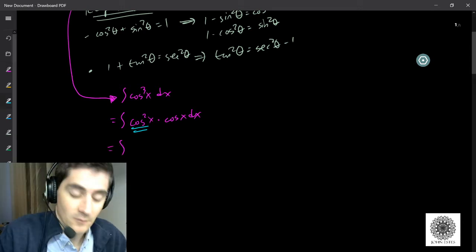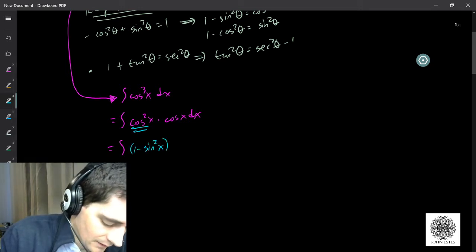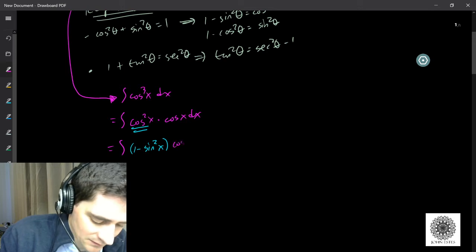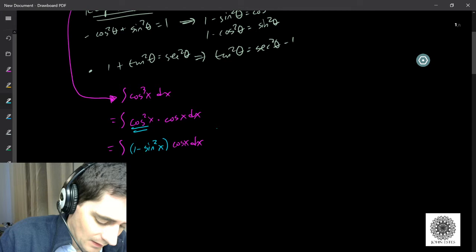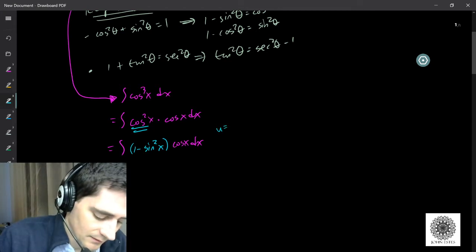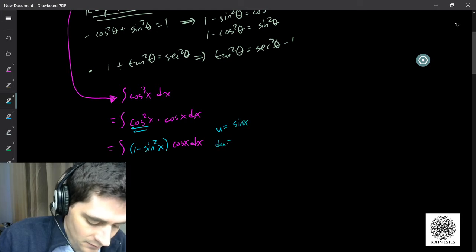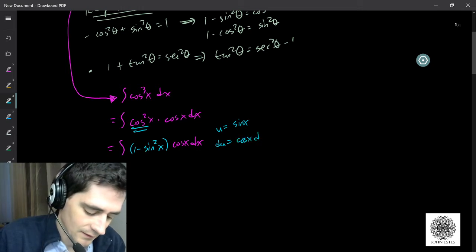Instead of cosine squared, I'm going to write it as 1 minus sine squared, and then I have the cosine x dx. And in a surprising move, my u for the U substitution is going to be sine x. So then my du would be the derivative of sine x, which is cosine x dx.